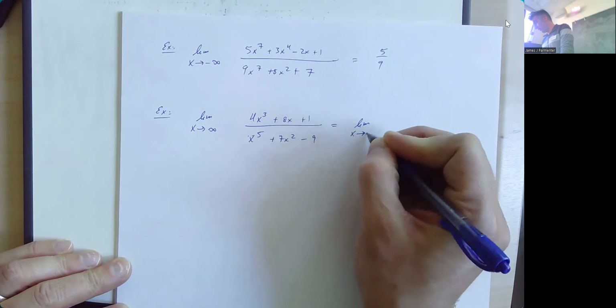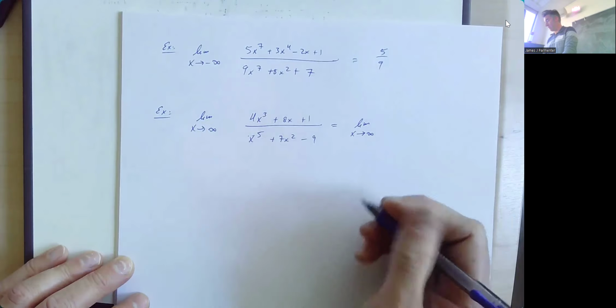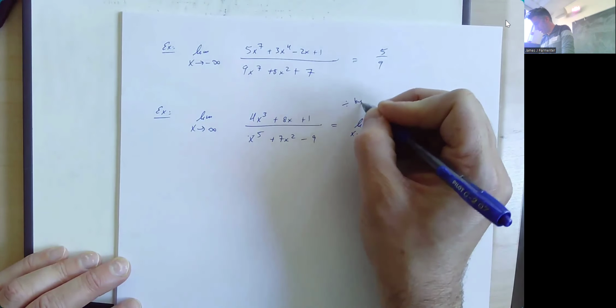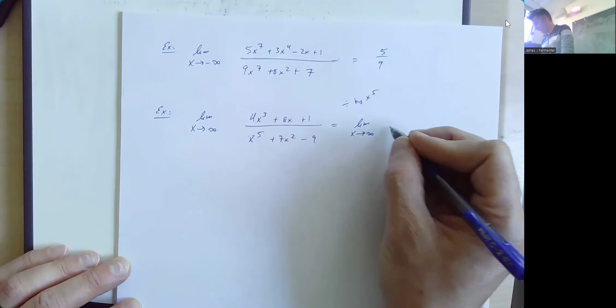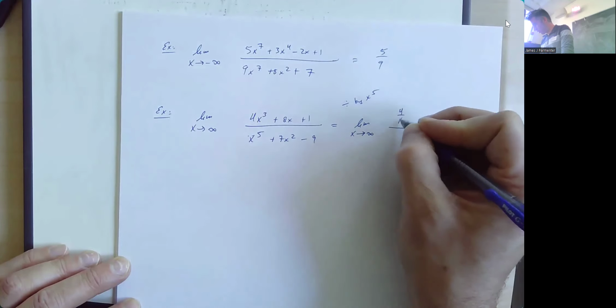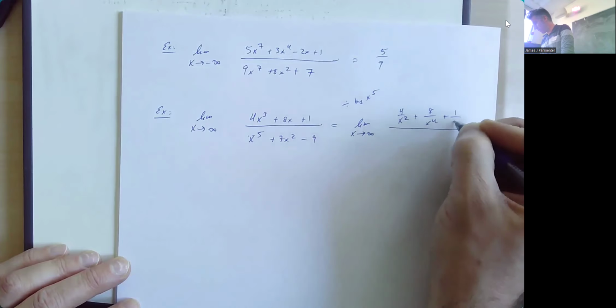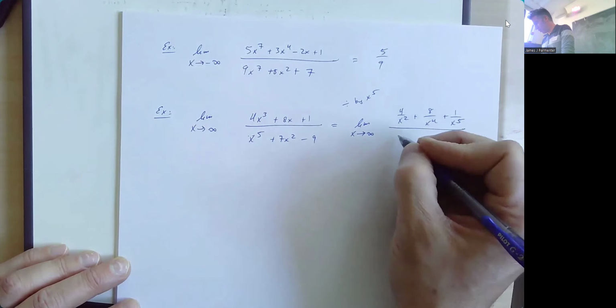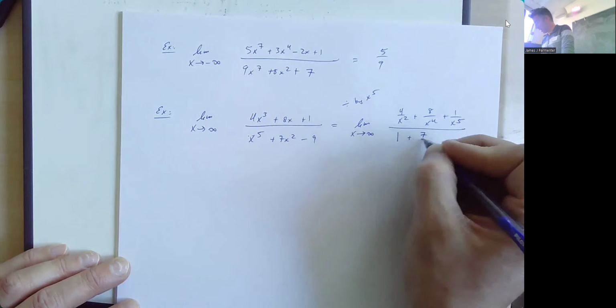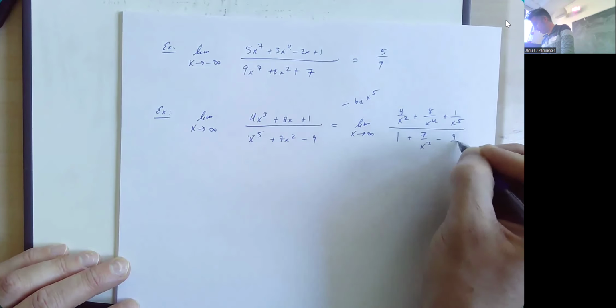Okay, I'm going to skip that first step and just divide everything by x to the 5th. So divide by x to the 5th, and we're going to get 4 over x squared, 8 over x to the 4th, 1 over x to the 5th, and the denominator 1 plus 7 over x cubed minus 9 over x to the 5th.